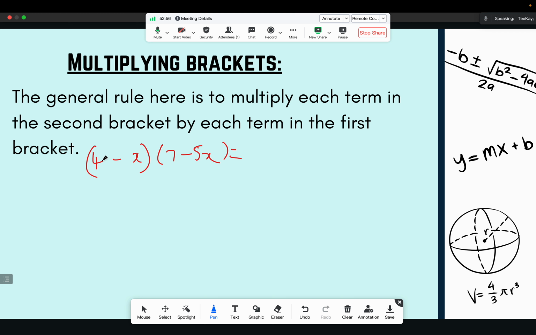Okay, so what we do here, we just multiply this and we get 28, and we multiply this, and we get minus 5 times 4 is minus 20x, and then x multiplied by this, we have minus 7x, and then x multiplied by this, then we have plus, because we have minus and minus, so this is plus 5x squared. So now we have 28 minus 27x plus 5x squared.